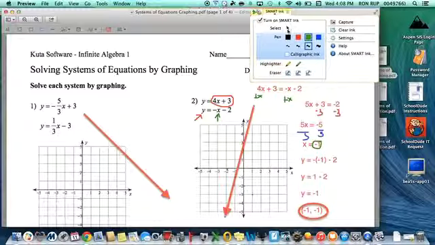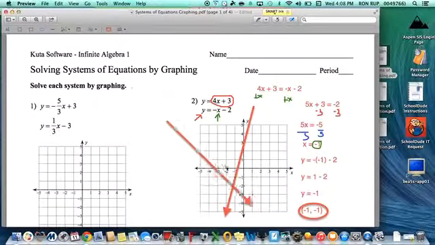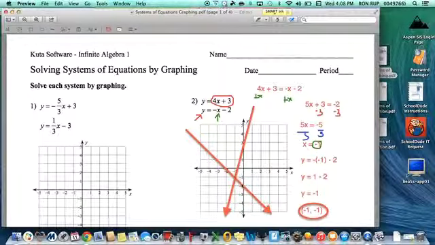And you can already see that these two lines will cross at the point negative 1, negative 1. So x equals negative 1, y equals negative 1. So if you don't like substituting on the other page, that's fine, but this is a pretty good scenario to use substitution.